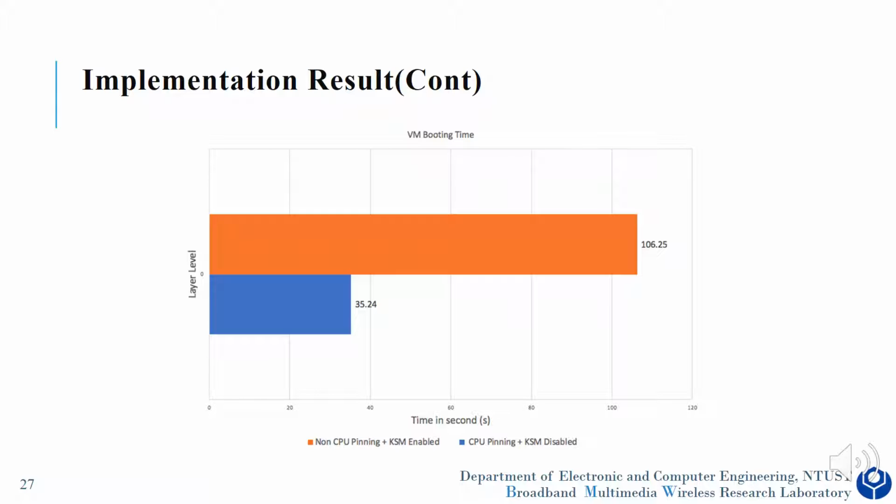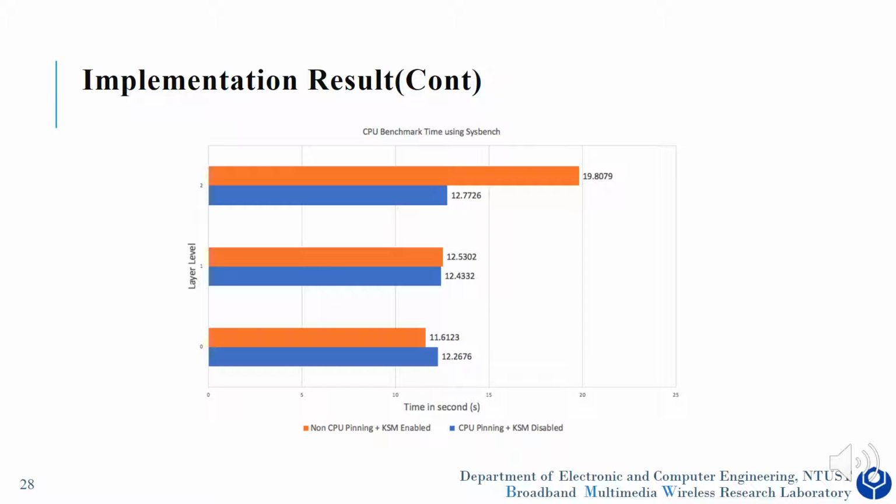As we can see here, layer level 2, which is the VM on top of OpenStack, before we do the CPU pinning and with KSM still enabled, took 106 seconds to boot one VM. But after the CPU pinning and disabling KSM, we have 35 seconds, which is a huge improvement.